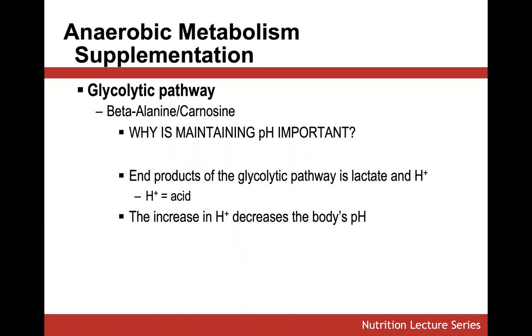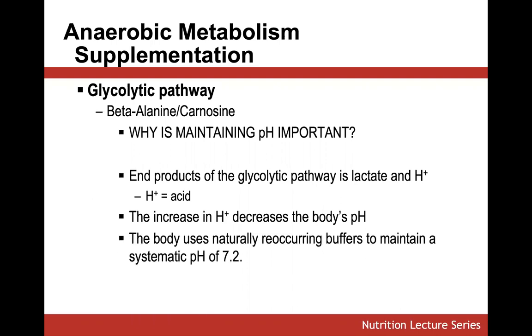When the body's pH gets below 7.0 or above 7.2, the body becomes inefficient at creating with its enzymes. When your pH is too high or too low, enzymes are denatured, which reduces their efficacy. So the body is always trying to maintain its pH between 7.0 and 7.2.